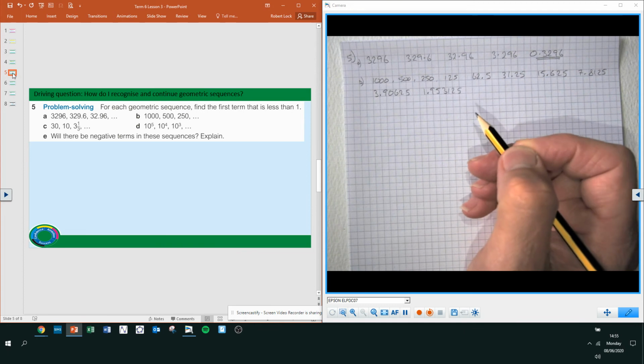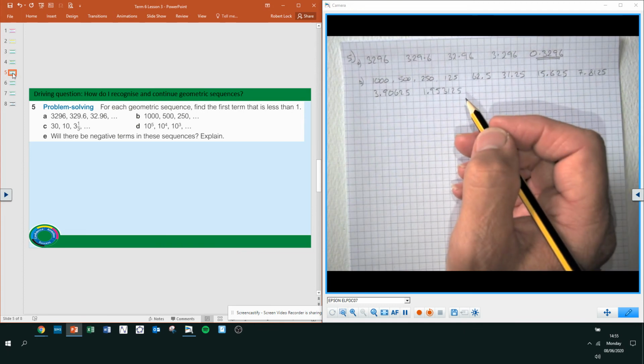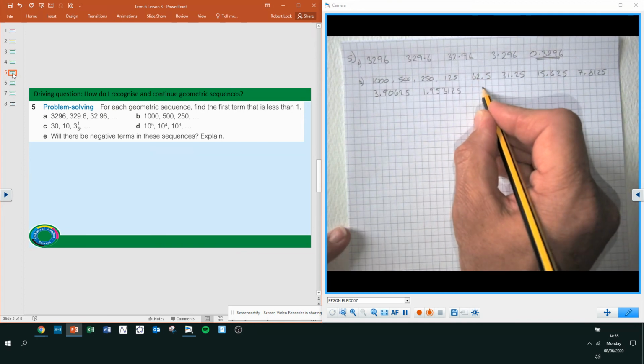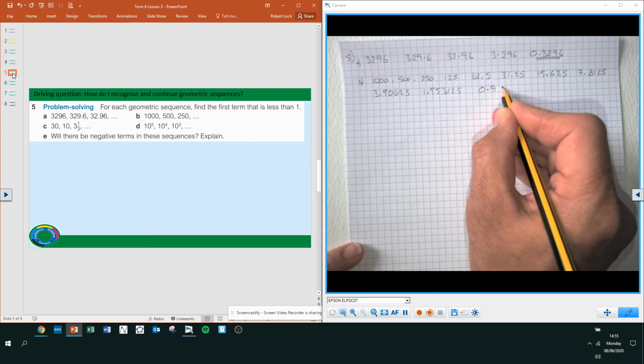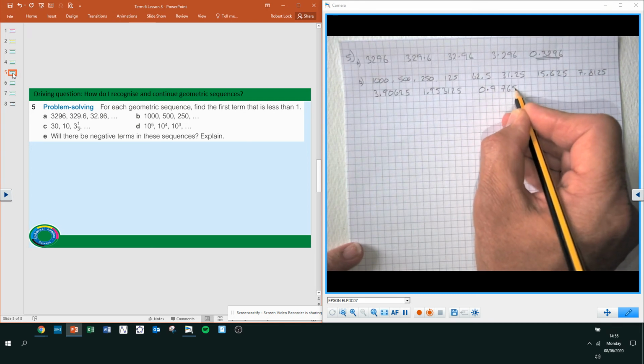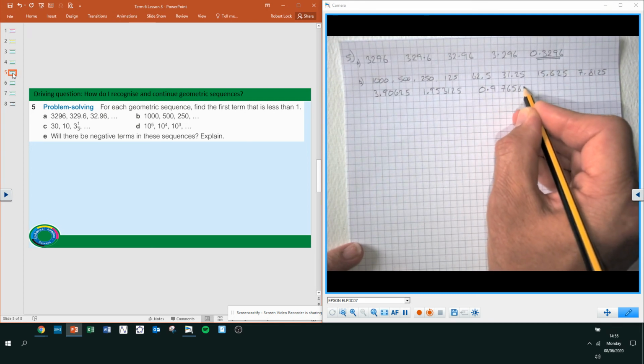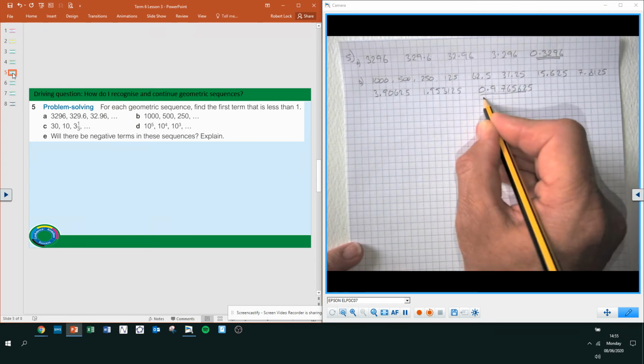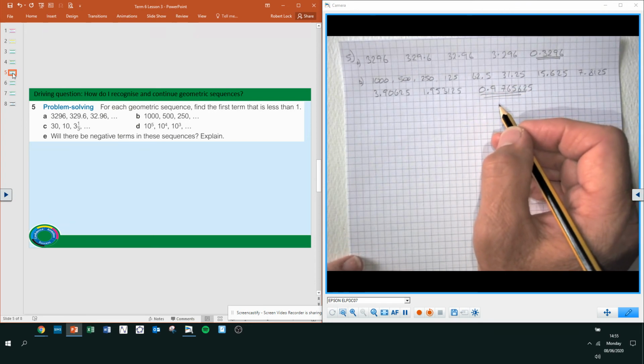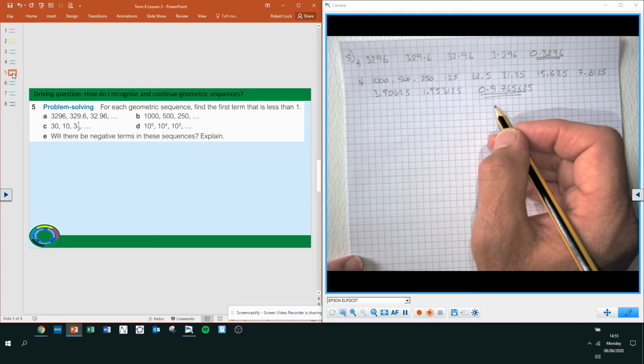Still not less than 1. What by this time? 0.9765625. There's the answer. And it wants us to find the first term that is less than 1.